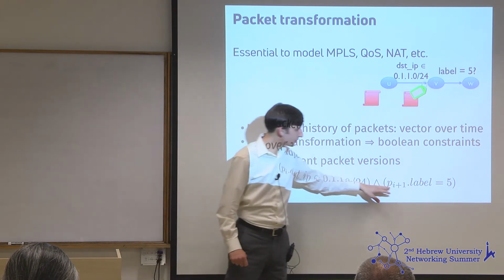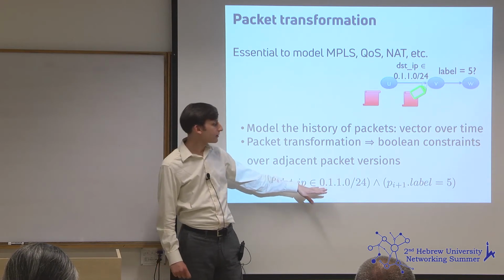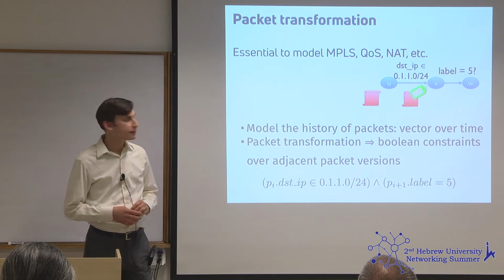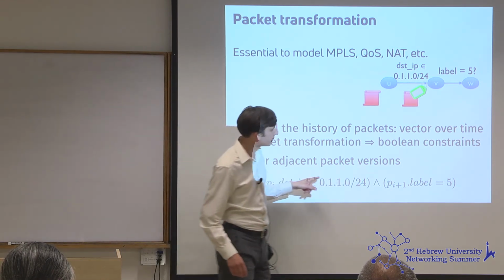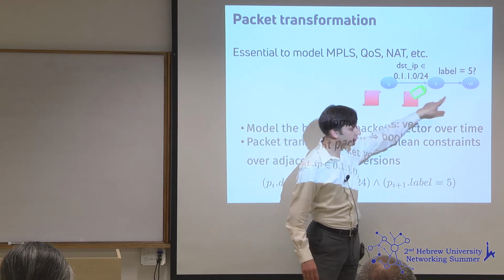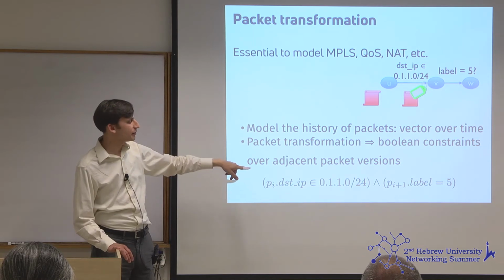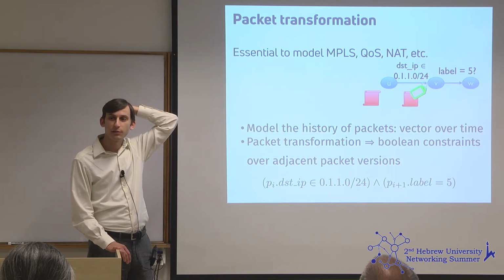But if you have a different label, there will be a different rule for that label, right? And that rule might just say drop. So this formula would not be constructed to represent passing from U to W. What I'm showing here is the formula that you end up constructing to represent passing from U to W, if that makes sense.